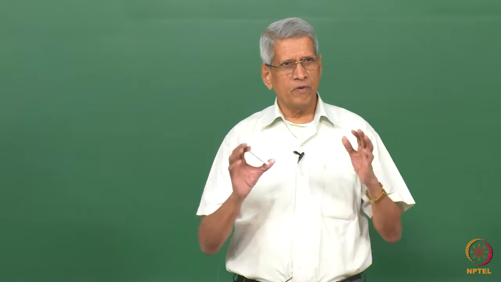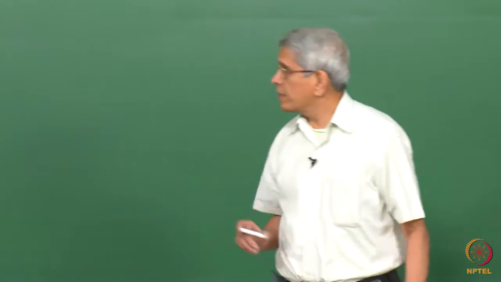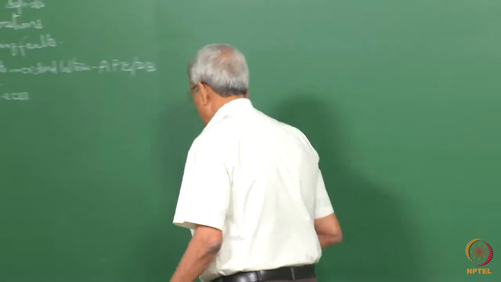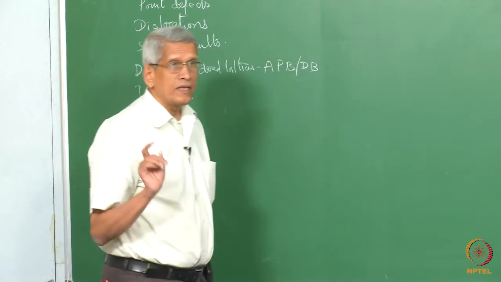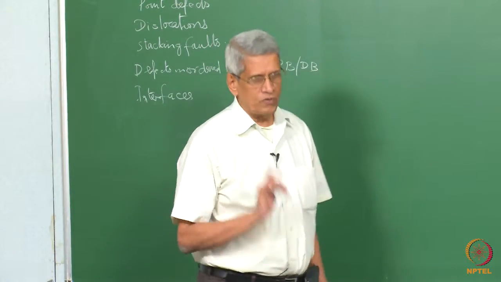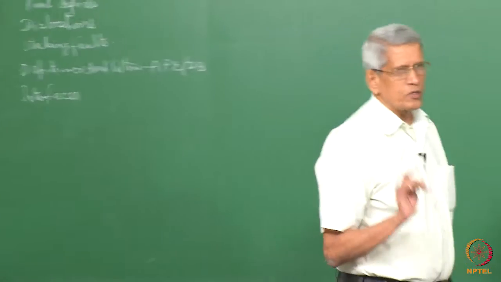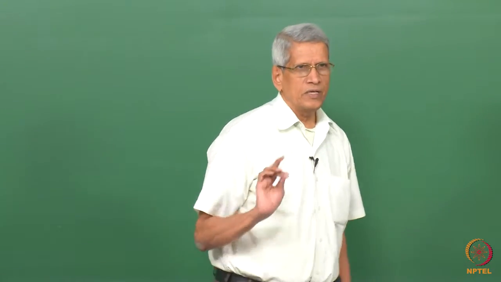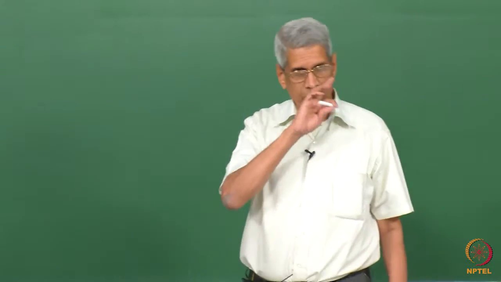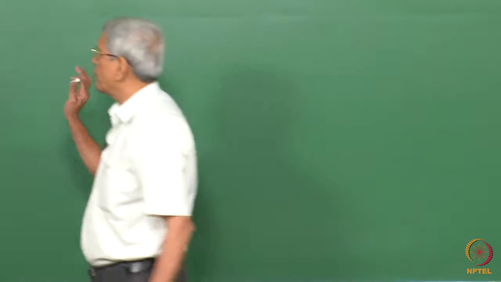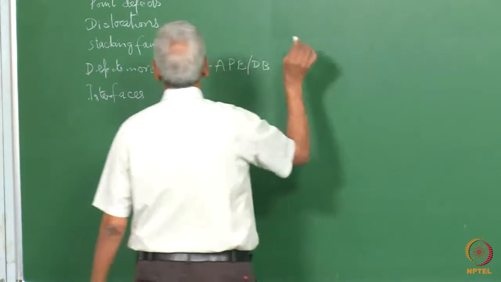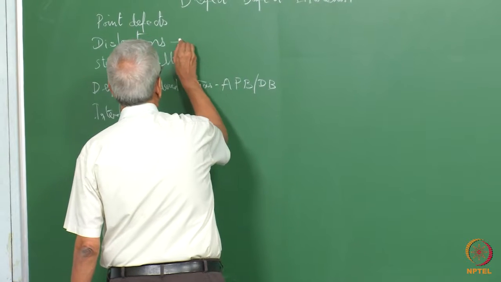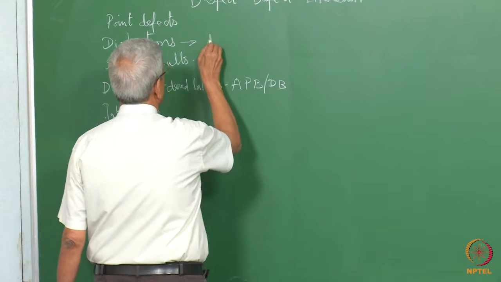We know that the deformation of the material is essentially controlled by movement of dislocations, and this dislocation can interact with the various types of defects which are present. So in today's class we will be looking at dislocation-defect interaction.